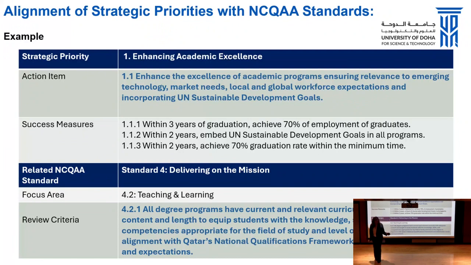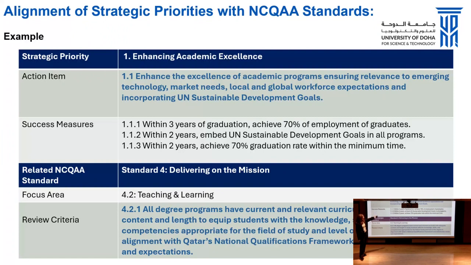When we're talking about the NQF, the Qatar National Qualifications Framework, all our programs are aligned on that NQF. So when we're responding to this, we are actually referring to all our programs and how they're mapped to the NQF, because that actually is informed in our strategic plan.